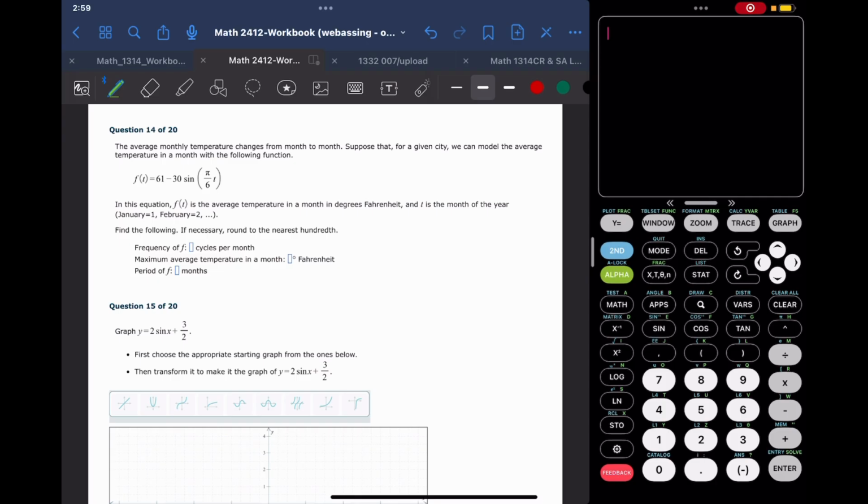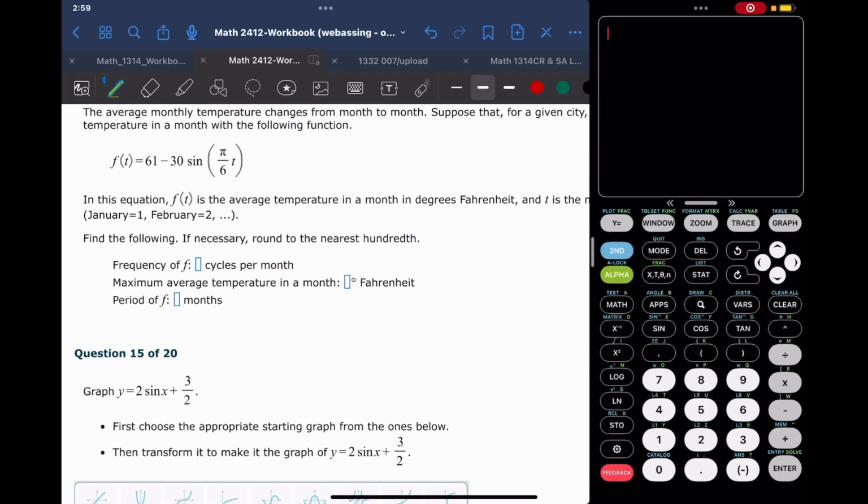Find the following and, if necessary, round to the nearest hundredth. Okay, so for the frequency, the first thing you need to know is the constants. Let's use a different color: A, B, and D.